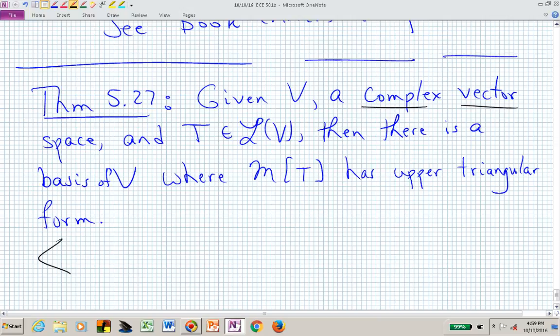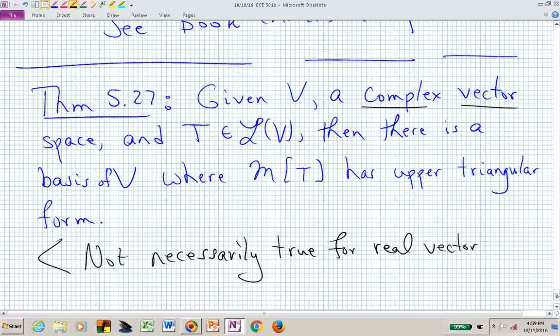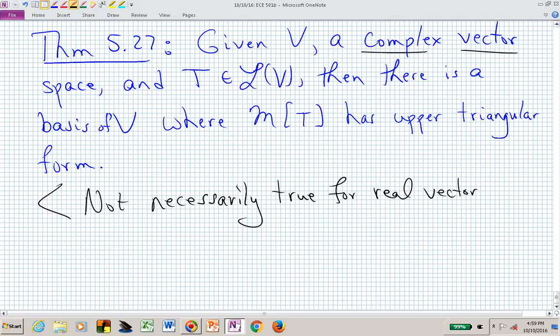This is not necessarily true if we're dealing with a real vector space. We may not be able to upper triangularize a matrix if we're working with a real vector space. This is not necessarily true for real vector spaces.